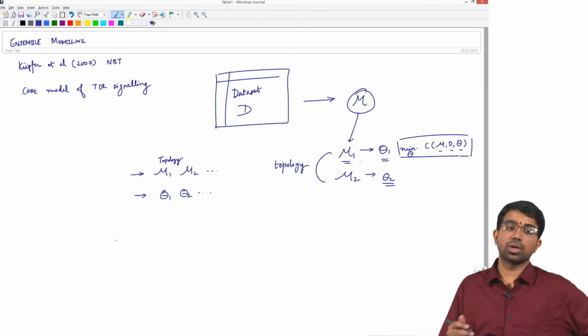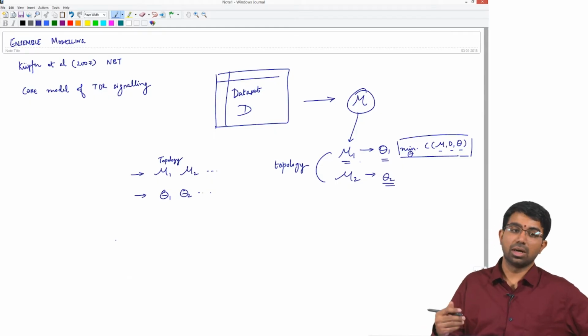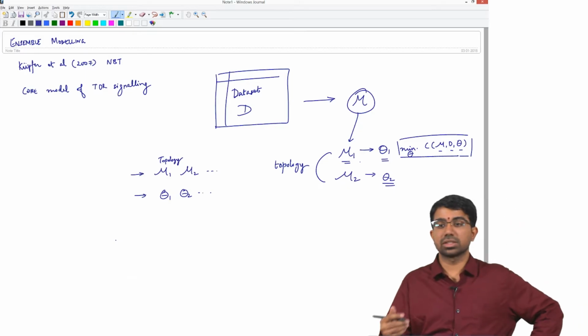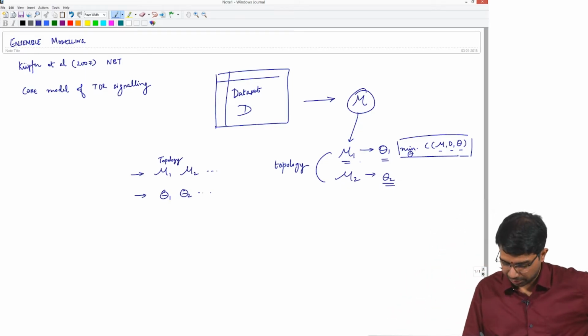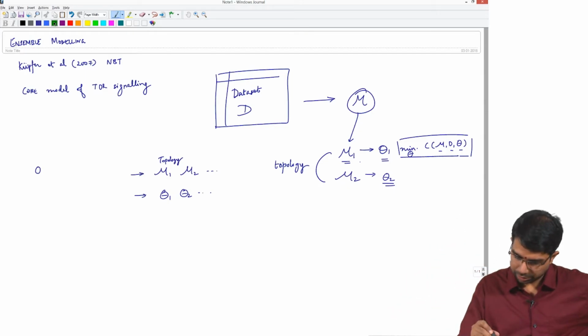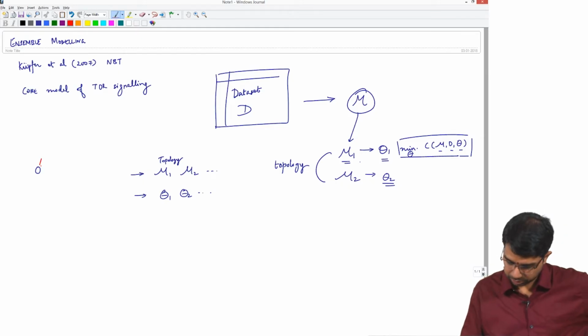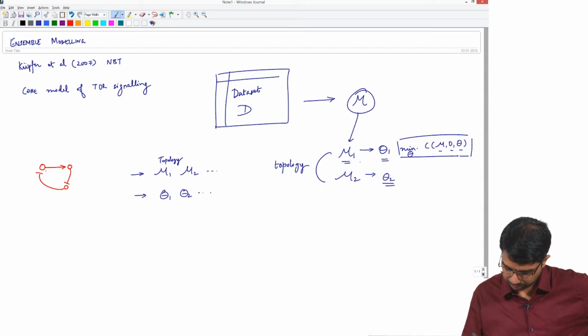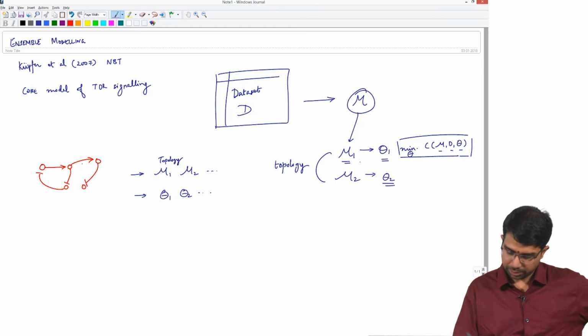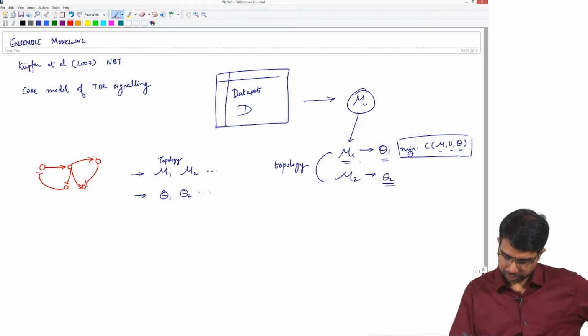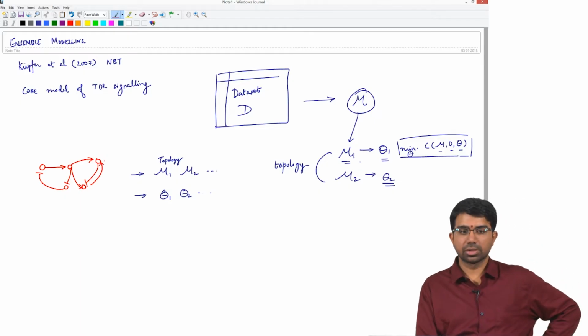How sensitive is the topology to changes, or how sensitive is the fit to data based on changes in topology? Let us say I have a model of this sort.